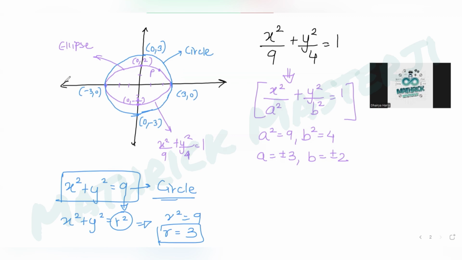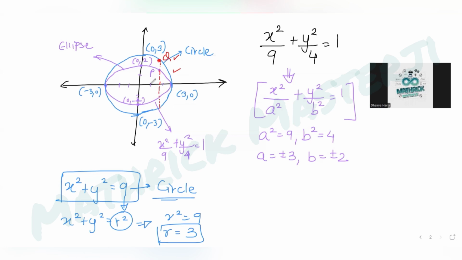So if I draw a line parallel to the y-axis through P, it meets the circle at point Q such that P and Q are on the same side of the x-axis. That means I've taken P above the x-axis, so Q is also above the x-axis. So this is correct, I should not take Q here, right? So P is a point on the ellipse and Q is the point on the circle.